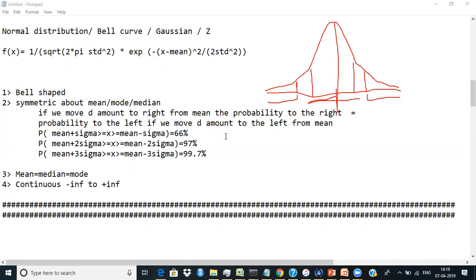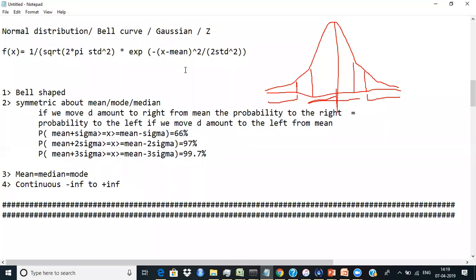What did I say yesterday? That between mean plus minus standard deviation, the bulk of the observations will lie, which is 66%.